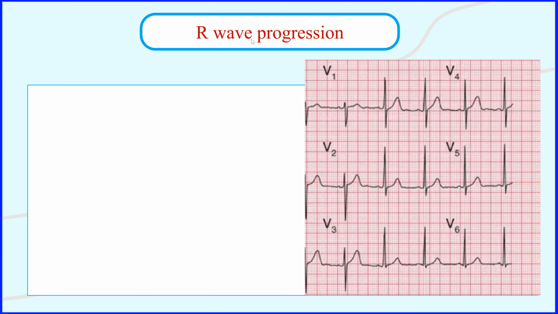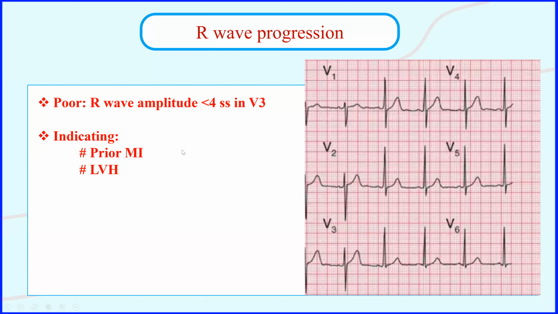So if the myocardial infarction affected the septum, then the conduction pathway will be deranged and R wave progression will be poor. Number 2 is left ventricular hypertrophy. If the muscle is really large, the progression will be very poor, and you will find, for example, V1 large, the next one shorter, and the R wave progression will not be maintained. So always think about these two if you have a poor R wave progression.